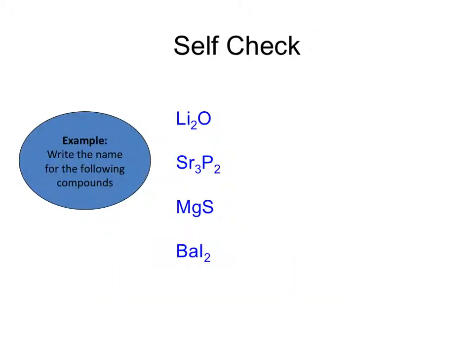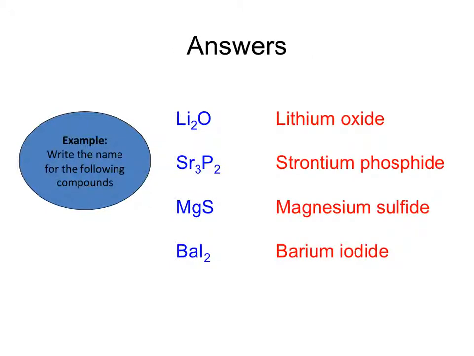So this is your self-check. Go ahead and write the name for the following compounds, and then turn to the next slide to see the answers. So in this section, all of the examples are binary ionic compounds. So I'm going to go ahead and just draw a line through each one of them, cutting them in half.